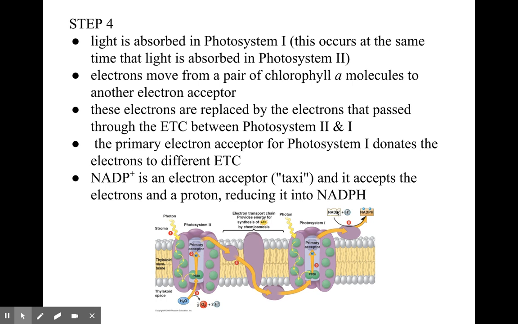NADP+ accepts 2 electrons, so there are the little holes right there. Those are supposed to be the 2 electrons. It also binds to a hydrogen ion, also called a proton, to make NADPH. NADPH is going to be important for the Calvin cycle, so it's going to go off and do the Calvin cycle.